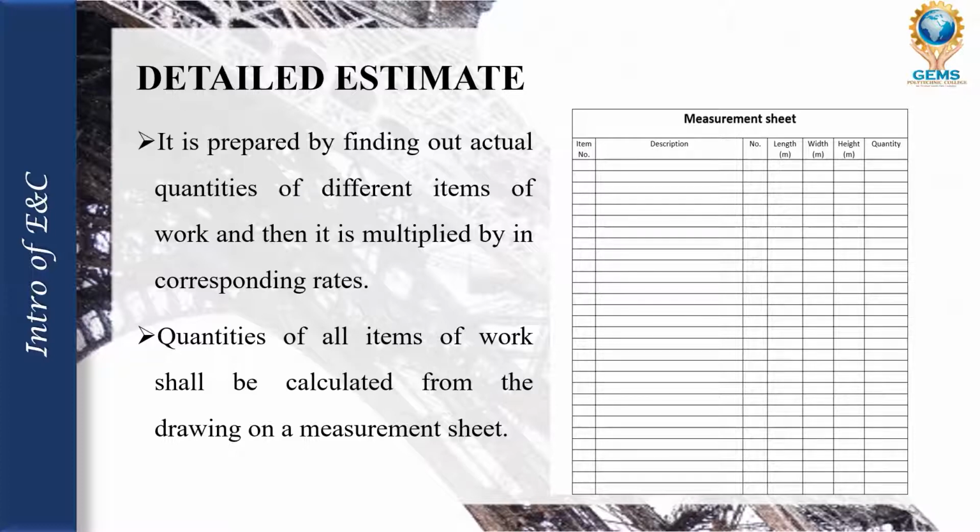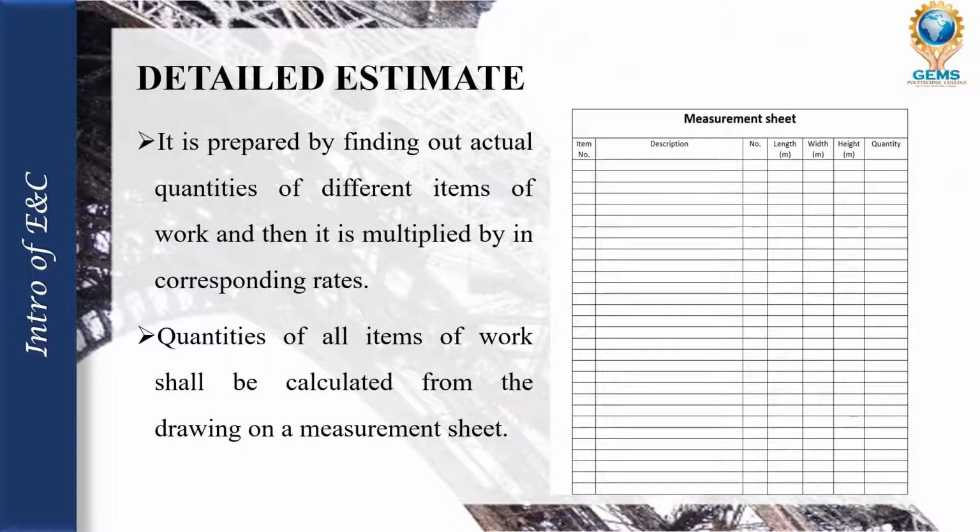In the second unit, we are going to see the methods of detailed estimate, like unit quantity method, total quantity method, then the factors to be considered during the preparation of detailed estimate, then steps in preparing a detailed estimate, what are the steps we are going to follow while preparing a detailed estimate, then main items of work for detailed estimate.